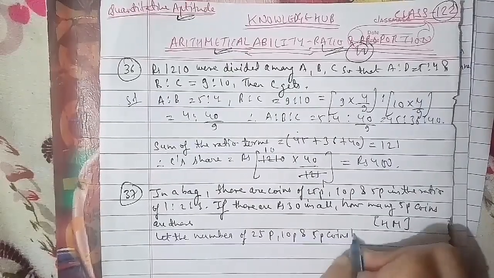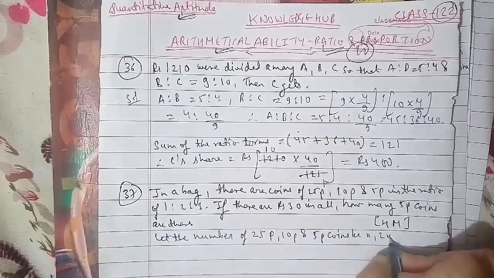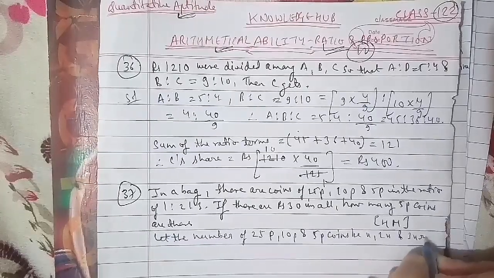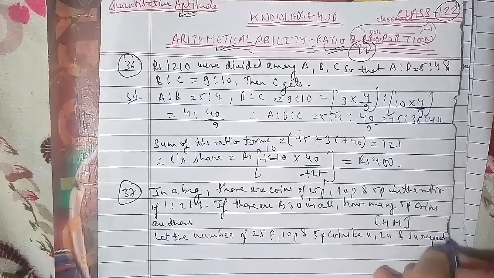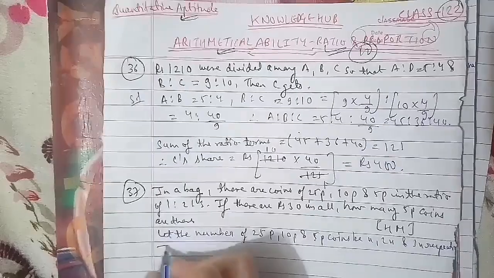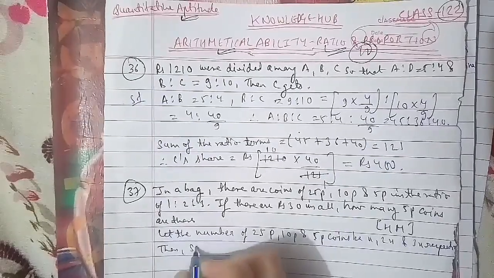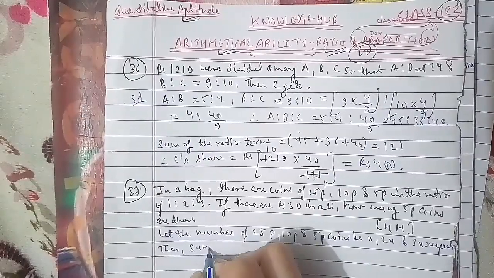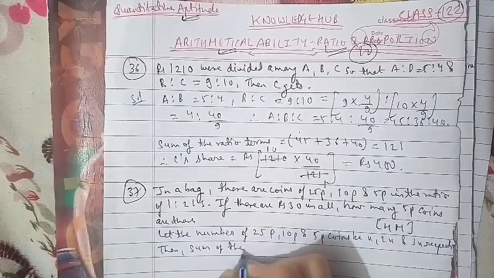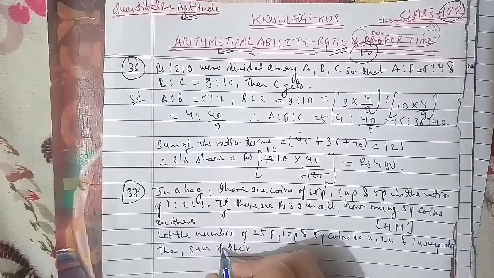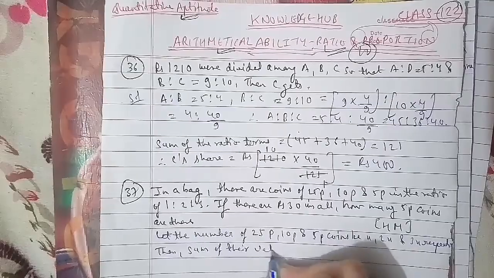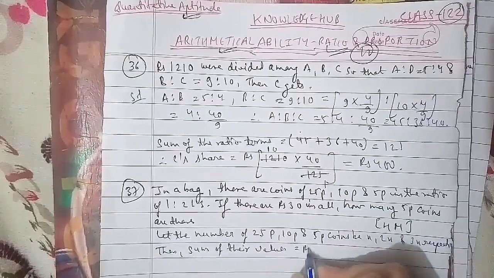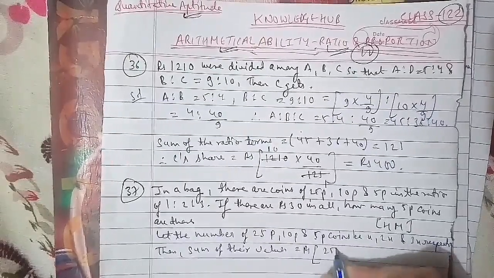Then the sum of their values equals rupees 25x upon 100 plus 10 into 2x upon 100 plus 5 into 3x upon 100.